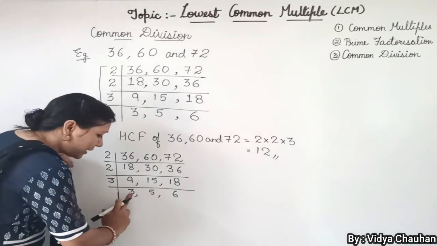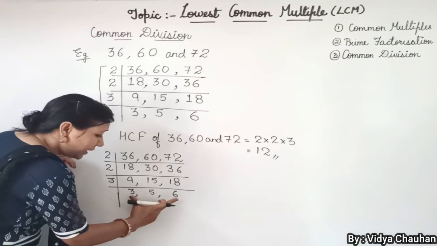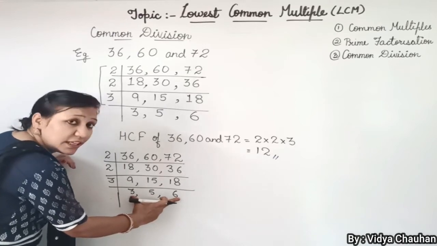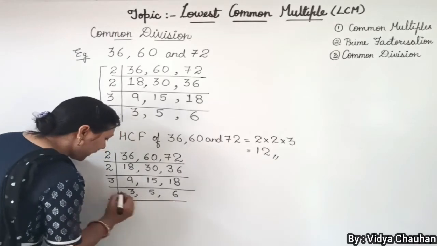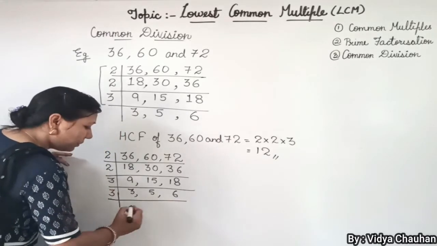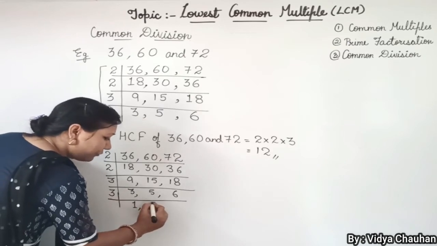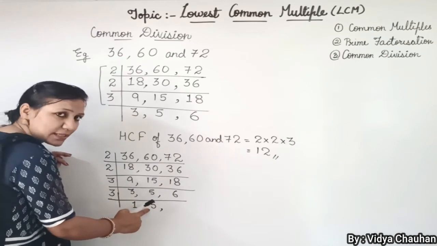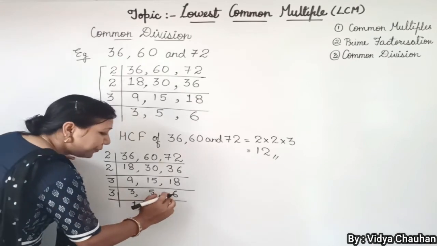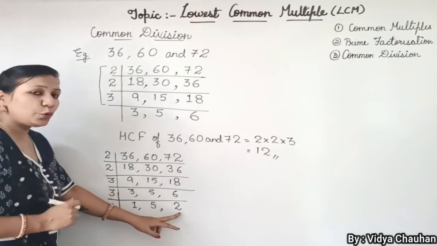So now here you can see that we are left with 3, 5 and 6, and 3 and 6 both are divisible by 3. So I will continue factorization one more time, dividing by 3. So 3 one time. Since 3 is not dividing 5, you will copy down 5 as it is. There will be no change in this place. And dividing 6 by 3, we will get 2.